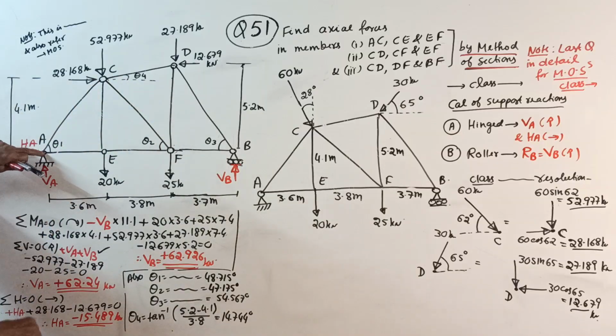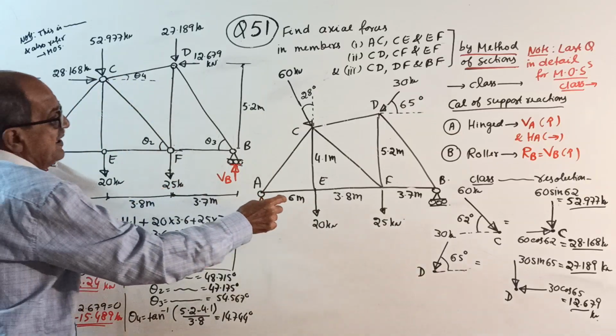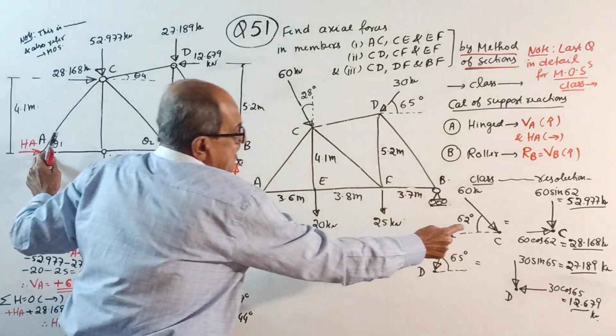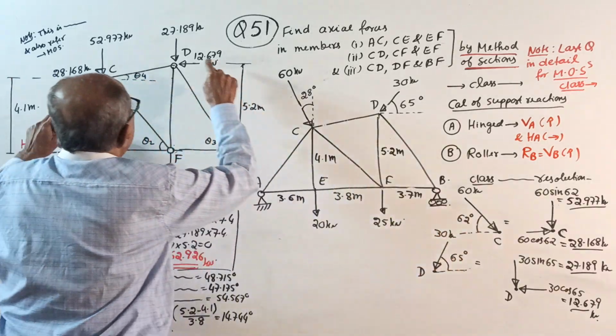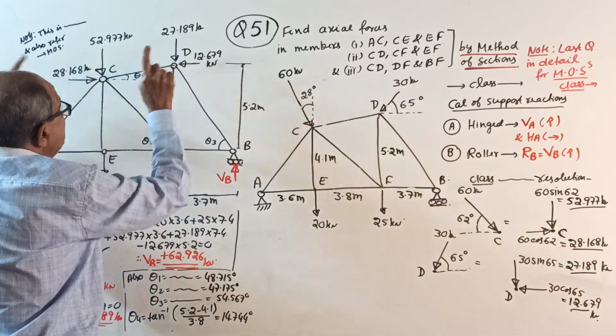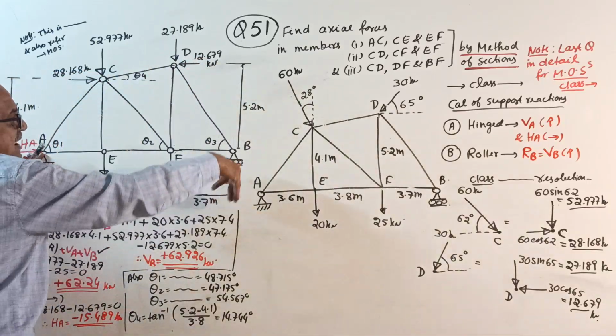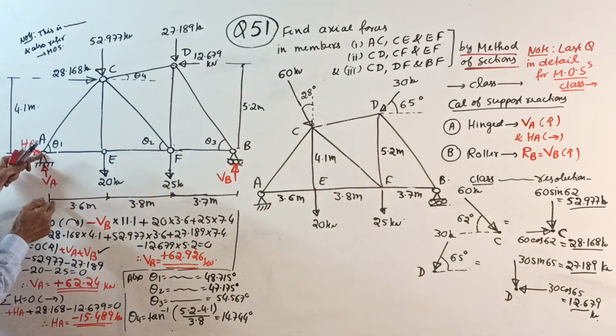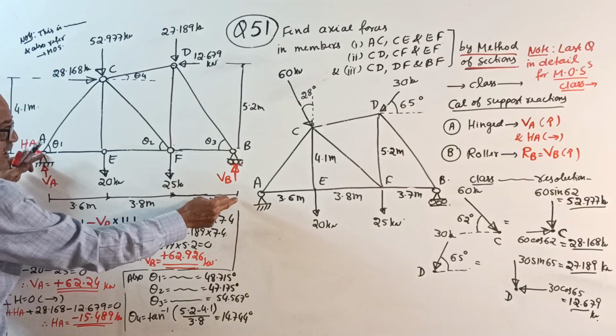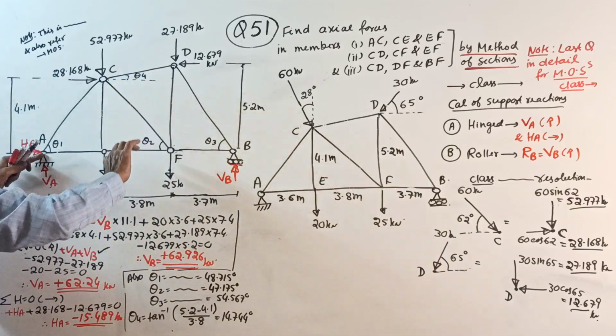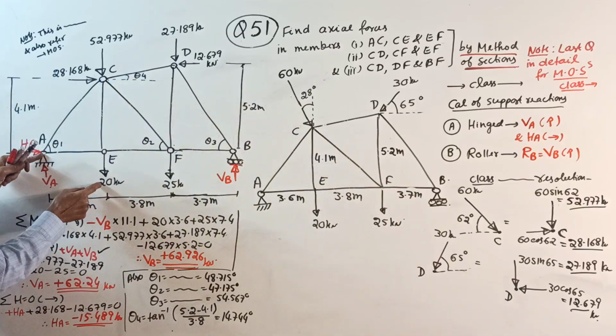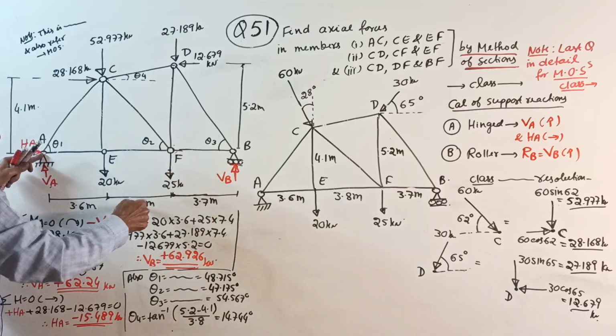Okay, start. Take moment about A. See, what I have done here? These two inclined forces, I replaced by components here. So start. Minus VB into this total length, that is 11.1. Why? Calculate, 11.1. Then plus 20 into 3.6 plus 25 into 7.4.